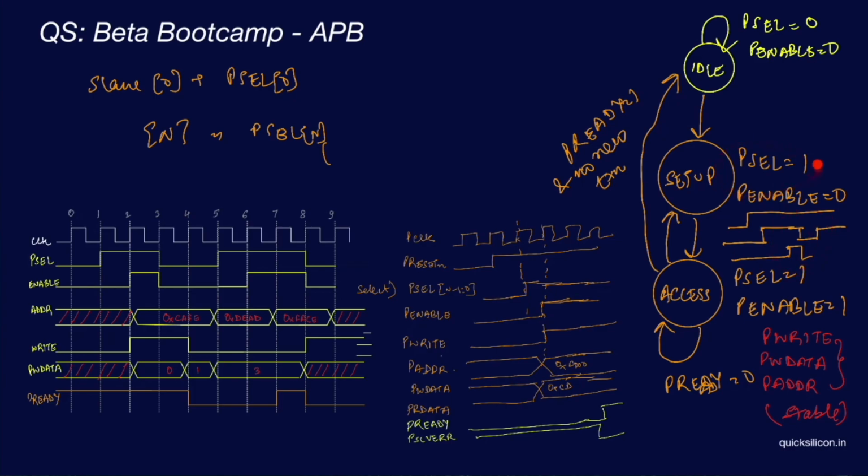Your PSEL would continue to remain high, and your PENABLE will transition like this. So this would mark your state as setup, and you will again go back to the access state. So that's how your protocol works. Any questions or anything which isn't clear, feel free to ask.